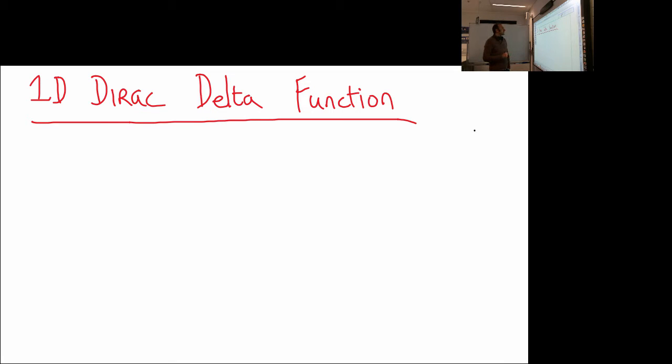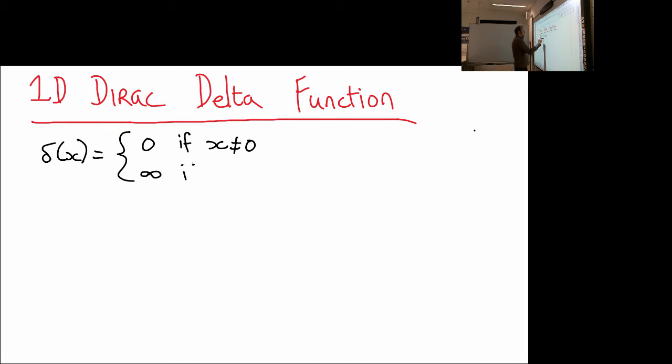Okay, so in the previous lesson we came across the 1D Dirac delta function. Just to write out again what it is, delta x is going to be equal to 0 if x does not equal 0, and it's equal to infinity if x is equal to 0.